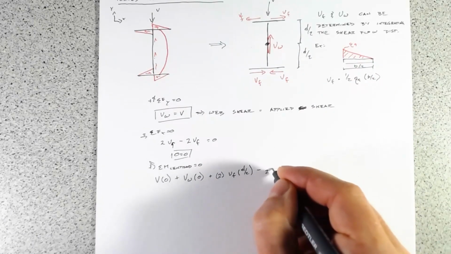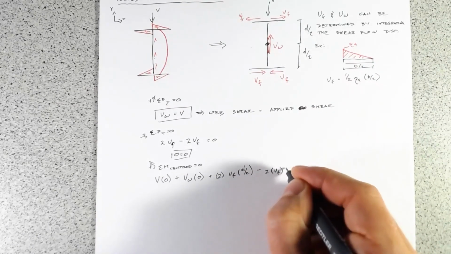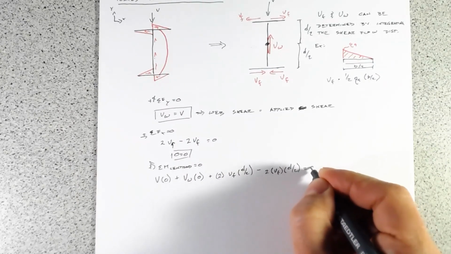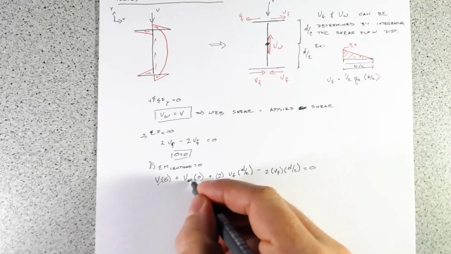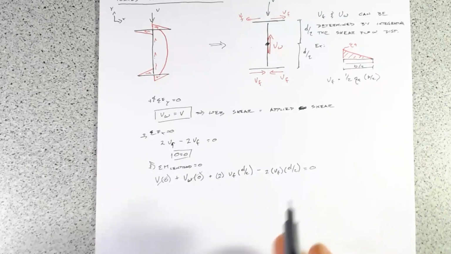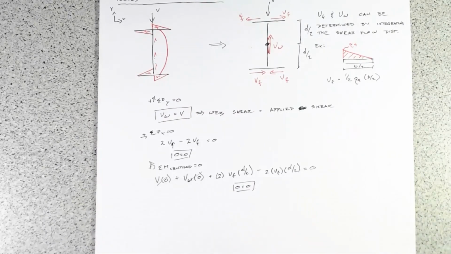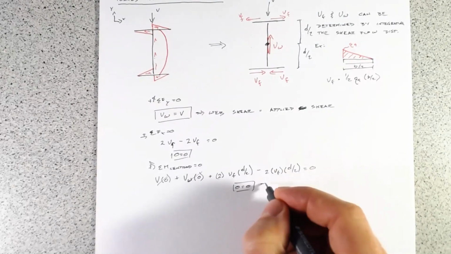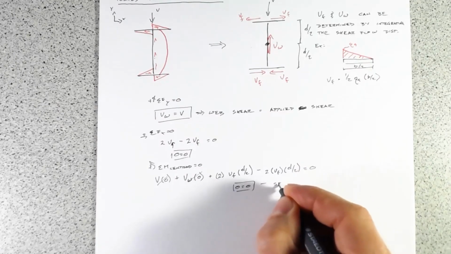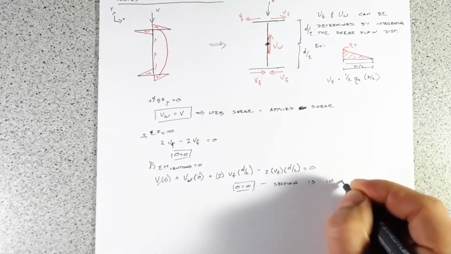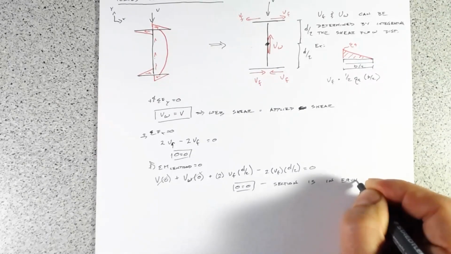So minus 2 V sub f times d over 2, and all of that has to equal 0. Those go to 0, so 0 equals 0. Again, the section is in equilibrium.